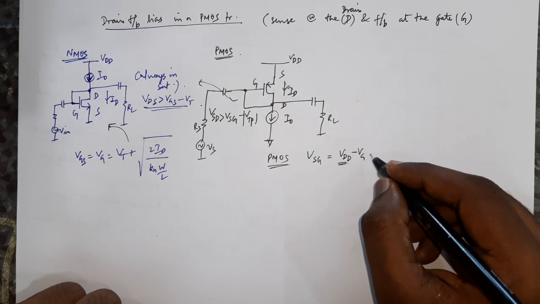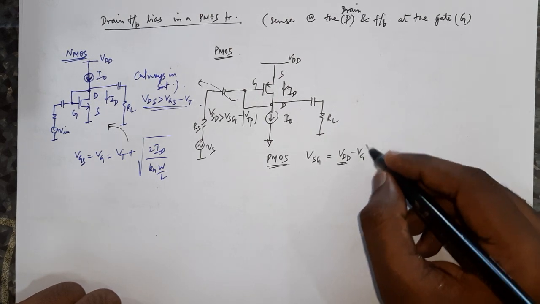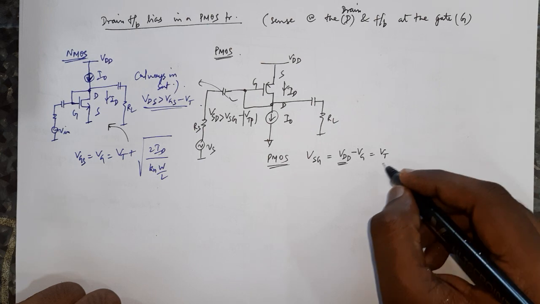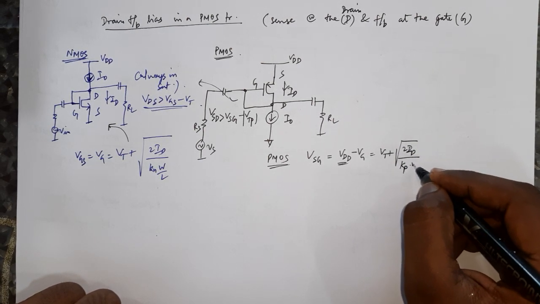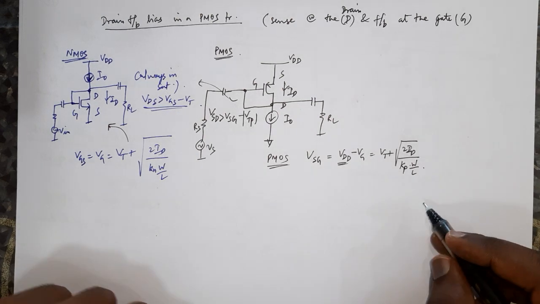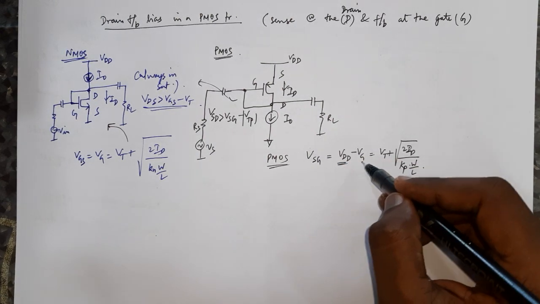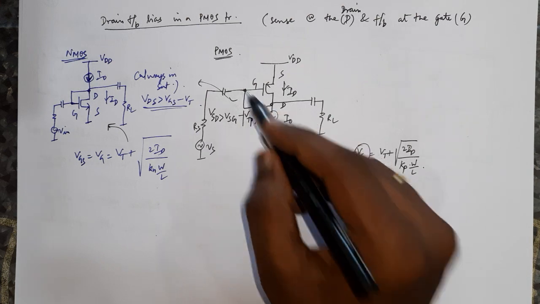From here I can obtain my VG all the time, which is equal to VT plus the square root of twice ID by Kp W by L.